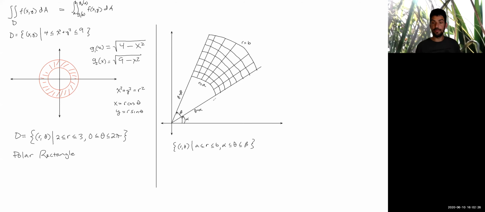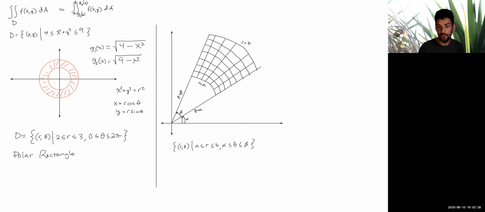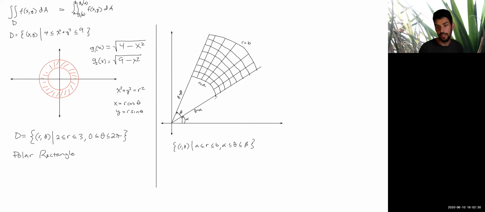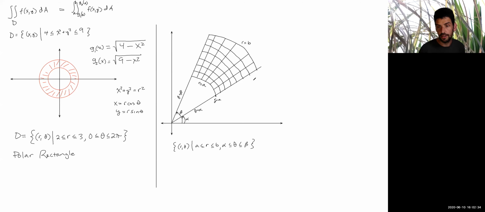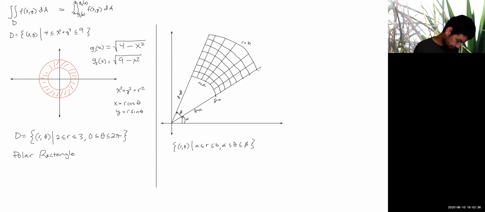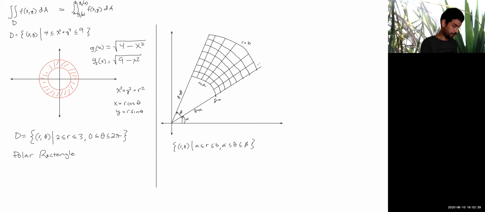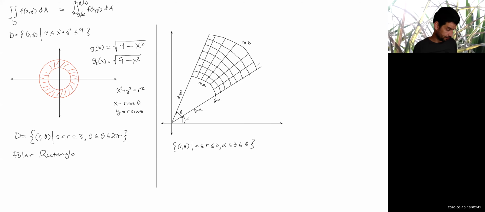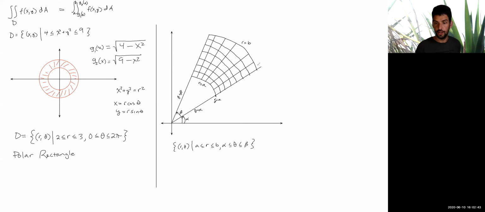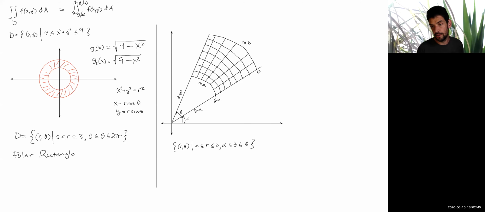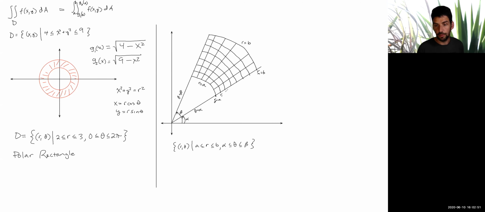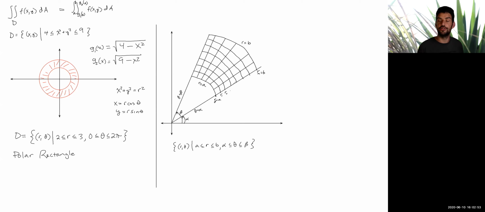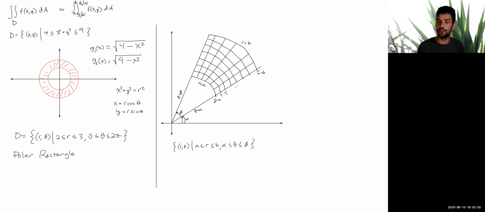So let's label some things. For instance, this right here we can call R naught equals A, and we'll go up to R sub M, which is equal to B. This would be R1, R2, and on and on. We could obviously count these, but I'm imagining there's an arbitrary number here.